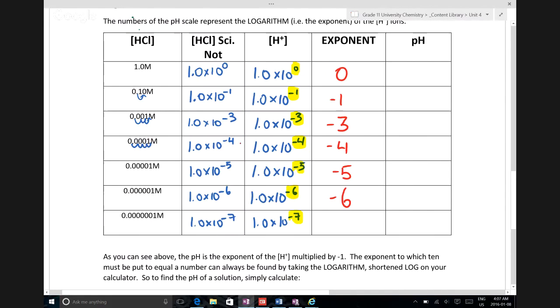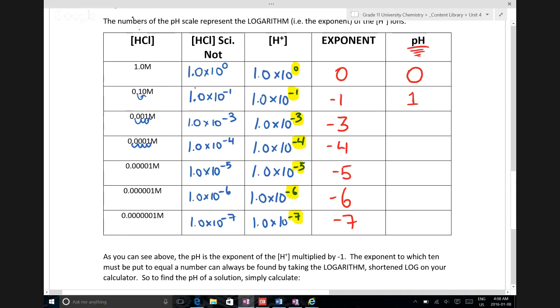If I took a 1 molar HCl solution and I tested the pH, if I used a pH meter, or a pH paper, it would tell me that it has a pH of 0. If I took this 1.0 times 10 to the negative 1 molar HCl solution, which has 1.0 times 10 to the negative 1 moles of H+ ions, it would read as having a pH of 1.